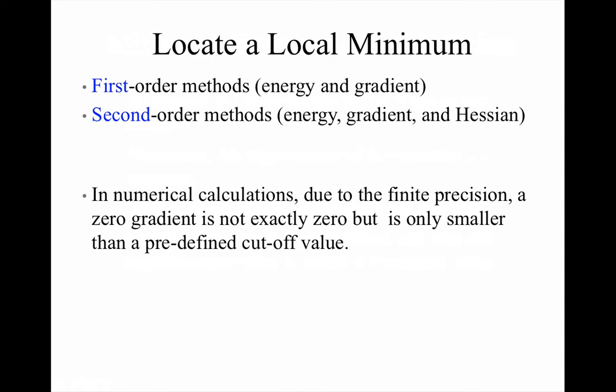It is also very important to remember here that in numerical calculations, due to the finite precision, we never have a complete zero gradient, but we only have a gradient which can be smaller than a given predefined cutoff value. And when we calculate a gradient to be smaller than this predefined cutoff value, let's say 10 to minus 4, then we define this gradient to be equal to 0. But this is due to the finite precision in our calculations.